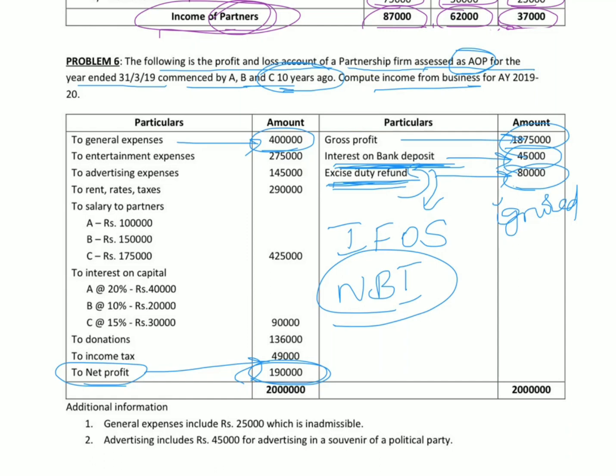But we have to always check the adjustments if there is any additional information. So general expense includes rupees 25,000, which is inadmissible. Out of this 4 lakh, to the extent of 25,000 is inadmissible. So we have to add back this deducted value to the net profit.